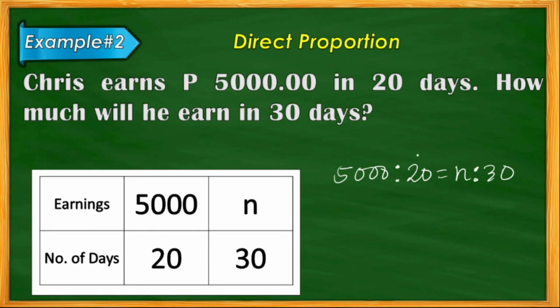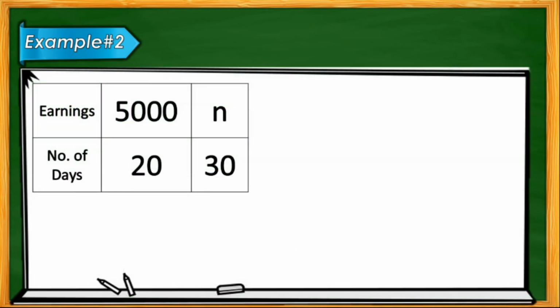So just multiply means and extremes, but try to use the shortcut way. You're going to cross multiply 5,000 multiplied by 30.